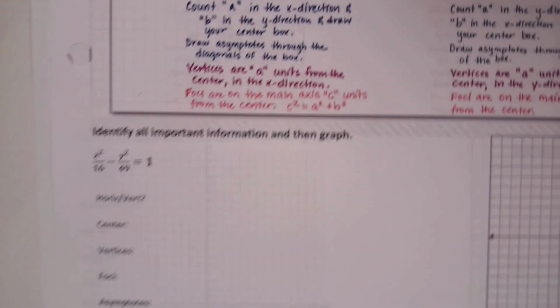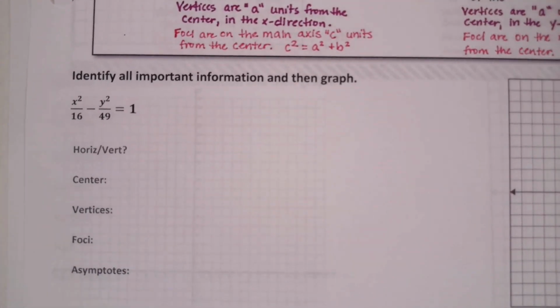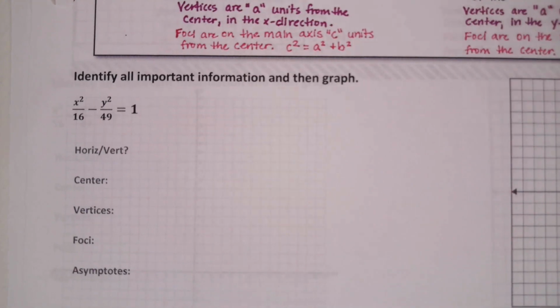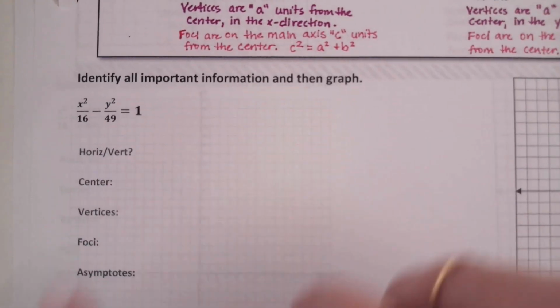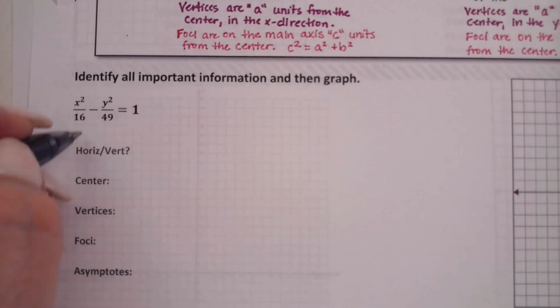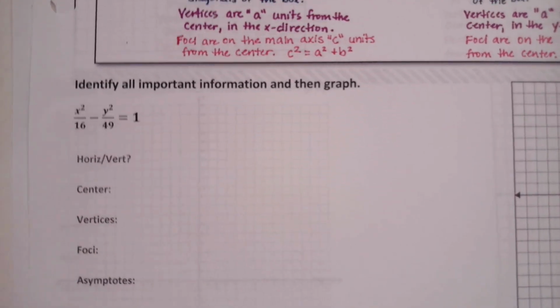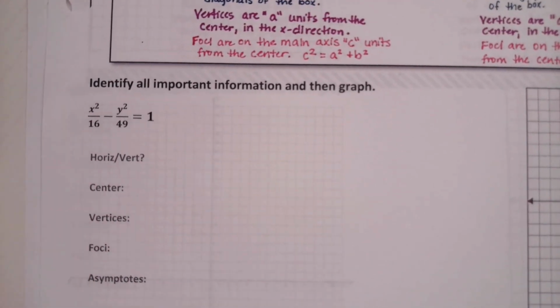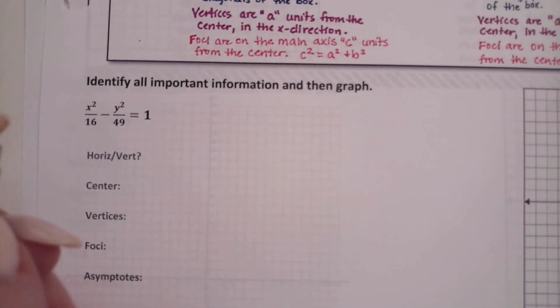All right, looking at our first one here, I can see the minus sign is telling me it is a hyperbola. Let's start with just horizontal or vertical. Remember, horizontal or vertical is based on which term is the positive term. I can see my x term is the positive, my y term is the negative. So if x is the positive, it faces horizontally, yes.